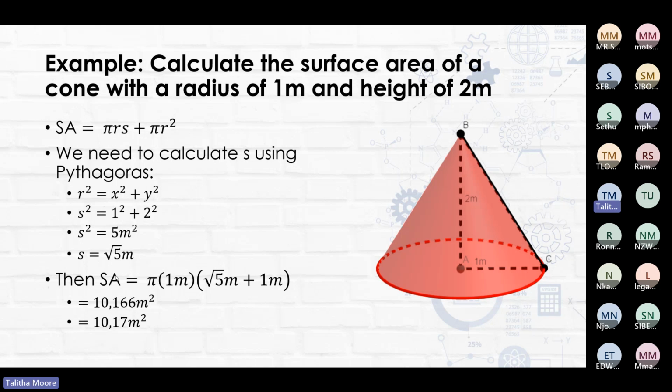Then our surface area is pi times 1 meter, which is a radius, times our slant plus our radius, which is square root of 5 plus 1. And if we plug that into the calculator, we get 10.166 meters squared, and we round that off to 2 decimal places, is 10.17 meters squared.